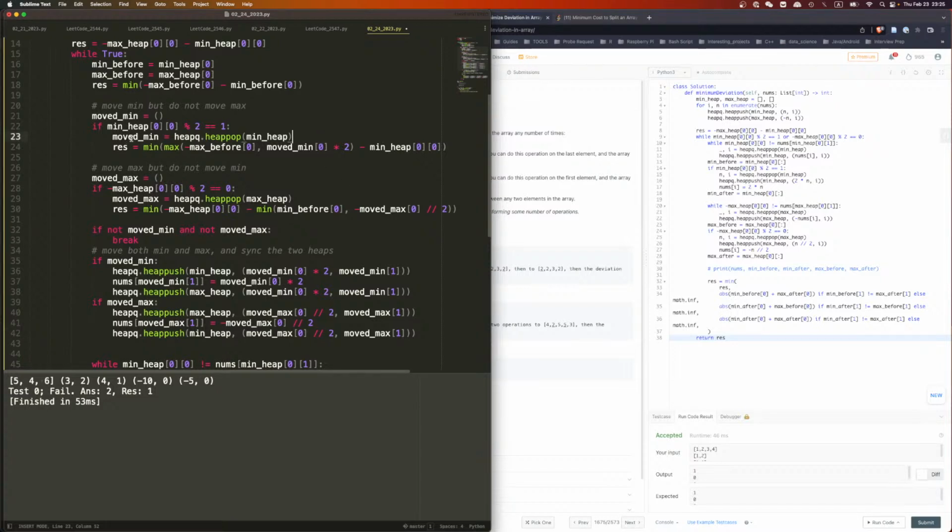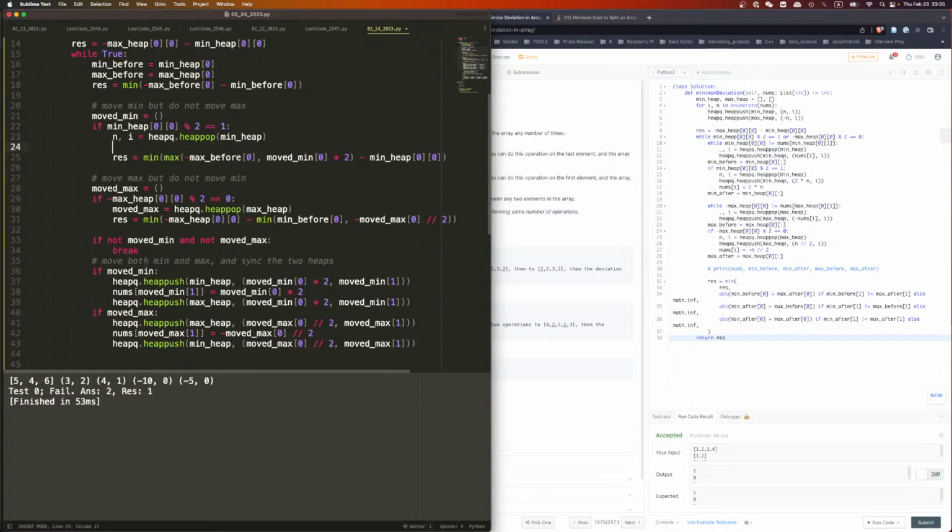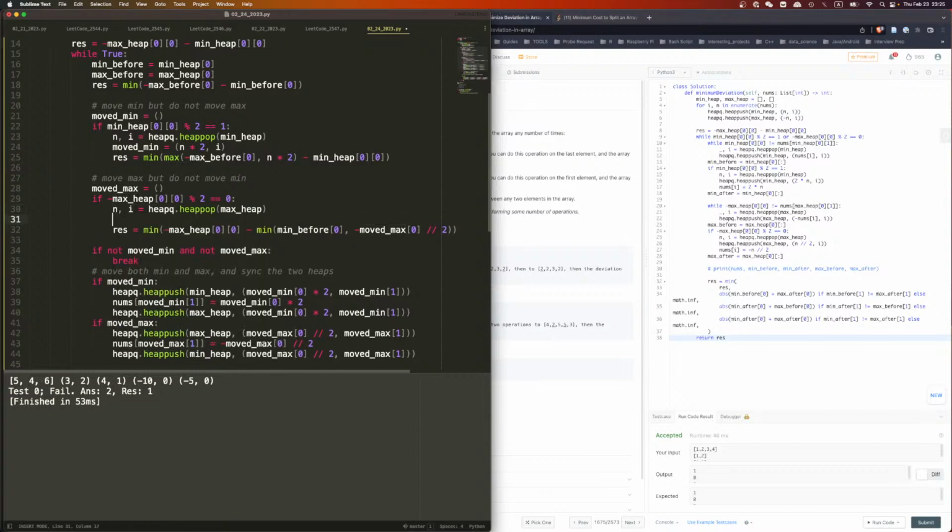Actually, I think it'll be easier if we do it here. We say n times 2i is moved min, then I can just say n times 2. This is the same: moved max equals n divided by 2i.